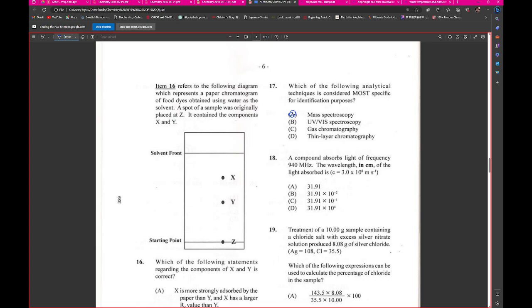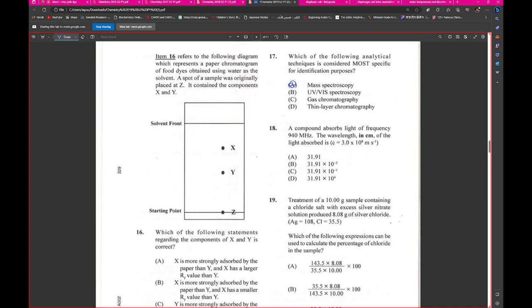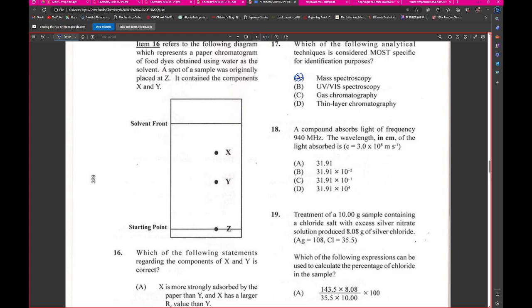The compound absorbs light at a frequency of that, and the wavelength in cm cubed of the light absorbed is here. So lambda, the wavelength, is equal to what? The speed of light over the frequency.